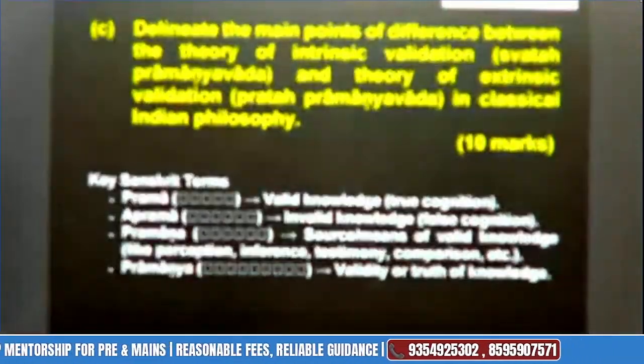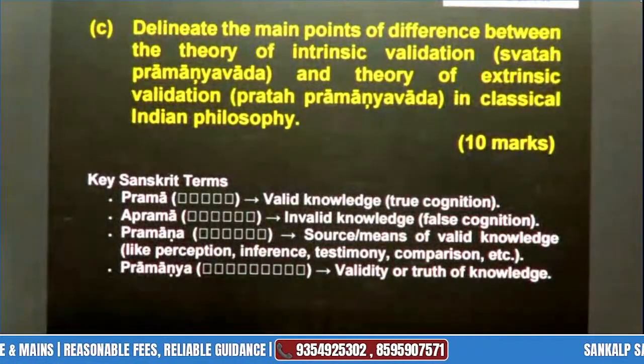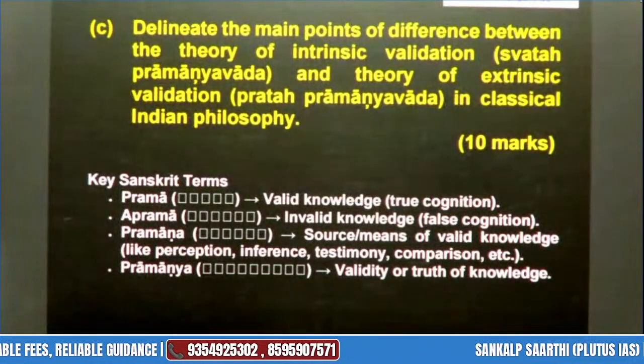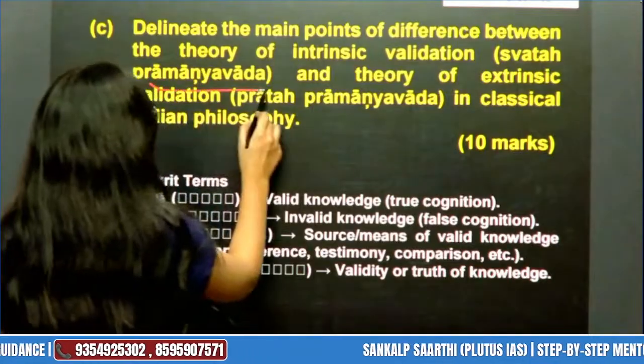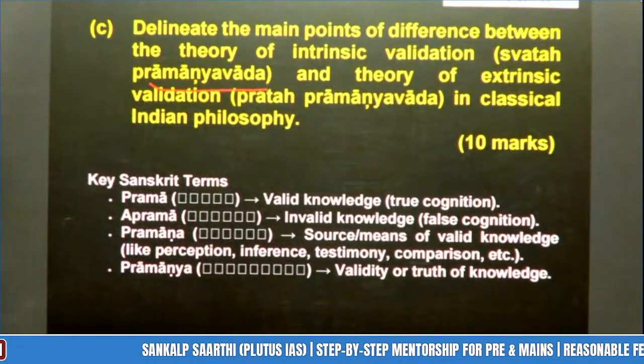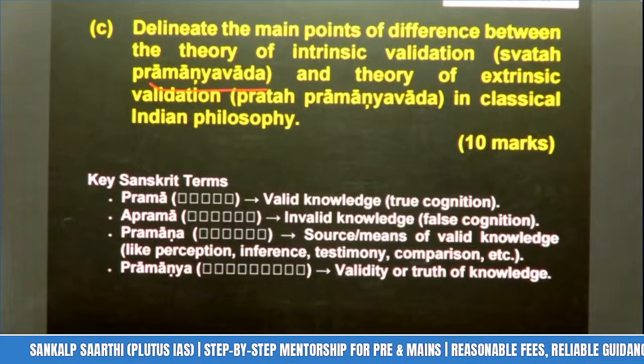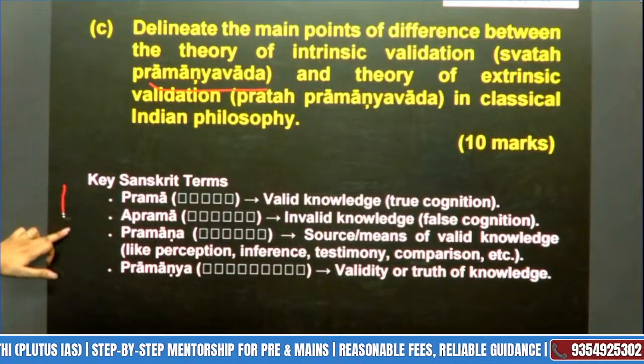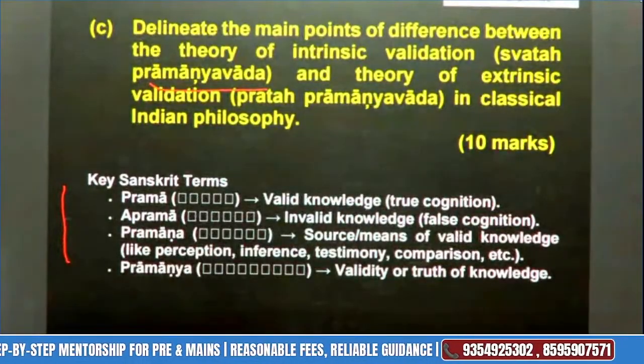Okay. Now delineate the main points of difference between the theory of intrinsic validation, that is Swatah Pramanyavada, and the theory of extrinsic validation, that is Paratah Pramanyavada, in classical Indian philosophy. So there are a few key Sanskrit words. First of all, read these and then I'll explain the questions to you.